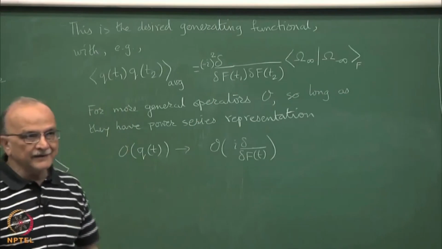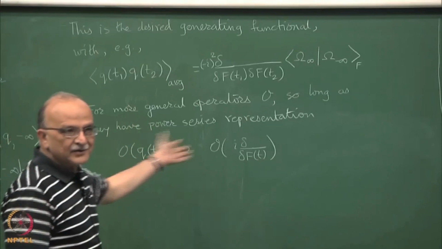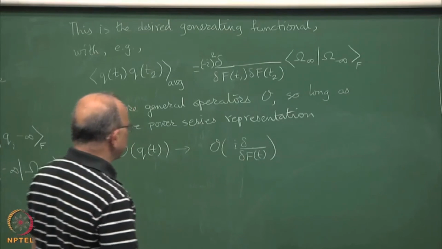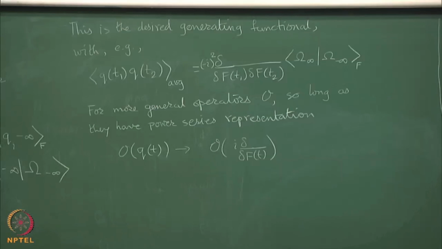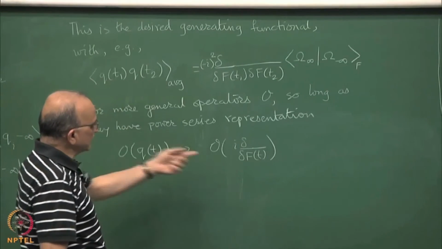And now that we have committed so many sins, even if you have a transcendental function, all you do is replace wherever you see a Q by d by dF, same answer. So you can calculate the average value of any operator or products of such operators by doing this.